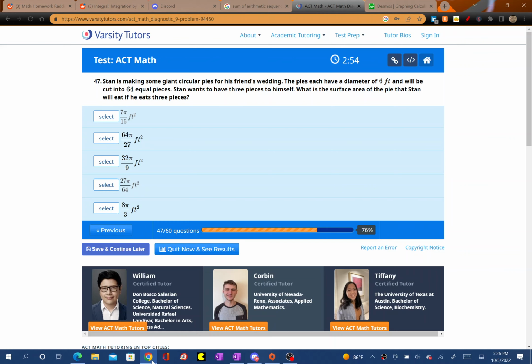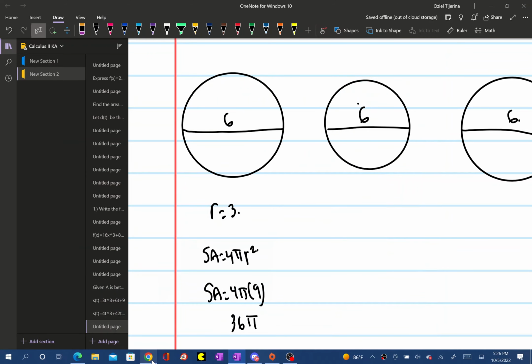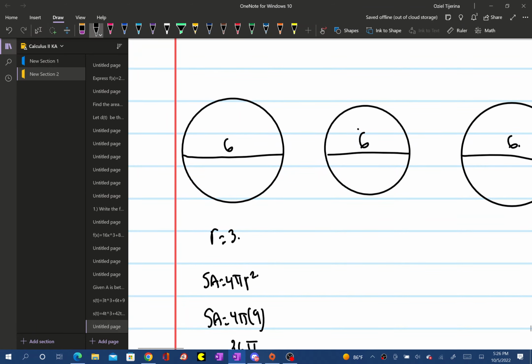And he wants to cut it into 64 equal pieces. So, meaning that, the radius is gonna be 3, but he wants to cut it into 64 equal pieces.